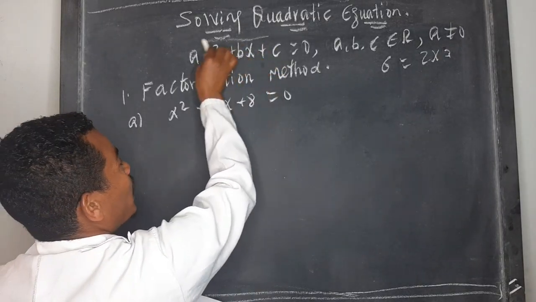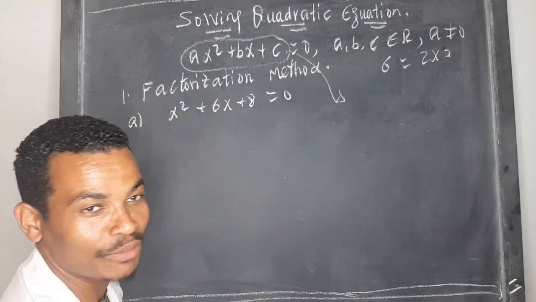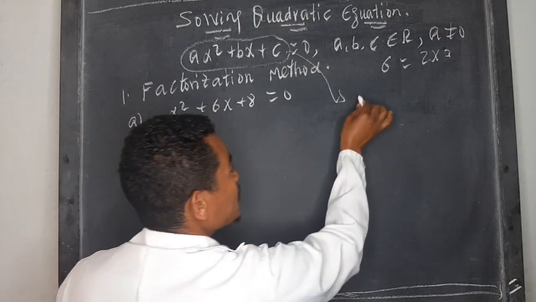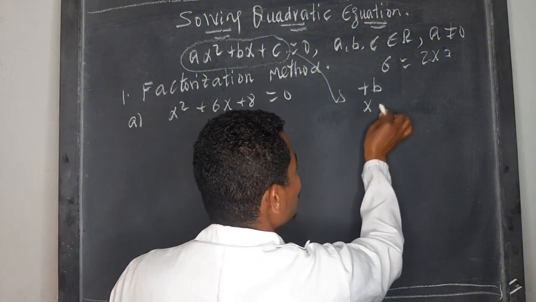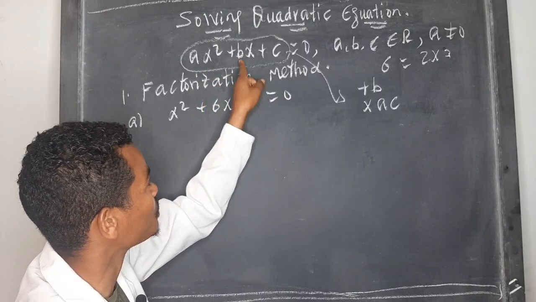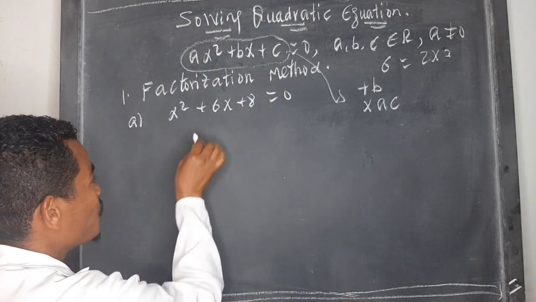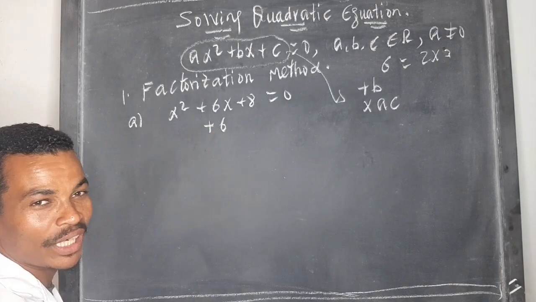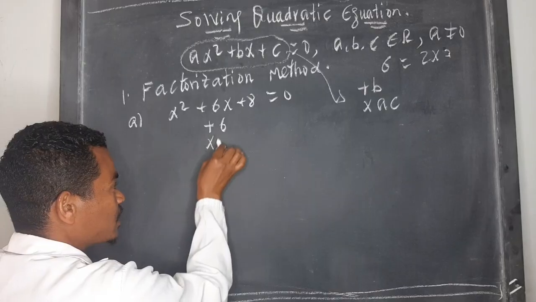For ax squared plus bx plus c is equal to 0, to factorize this we find two numbers whose sum is b and whose product is ac. So here we find two numbers whose sum is 6 and whose product is 1 times 8, which is 8.